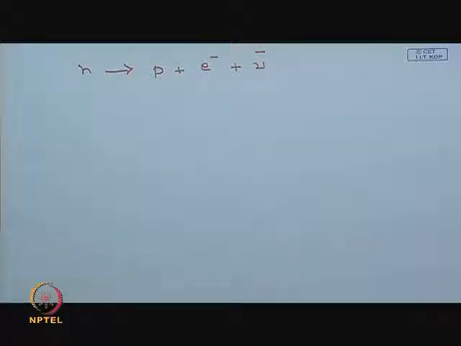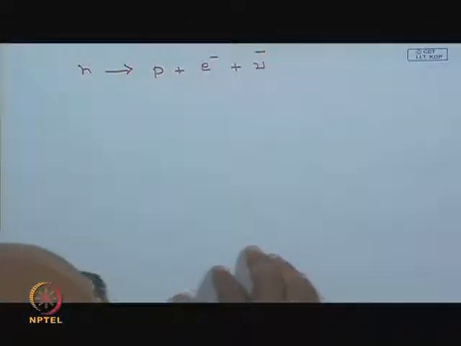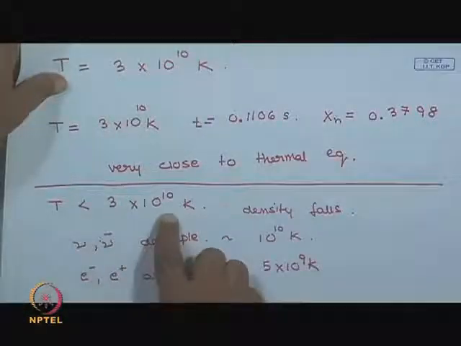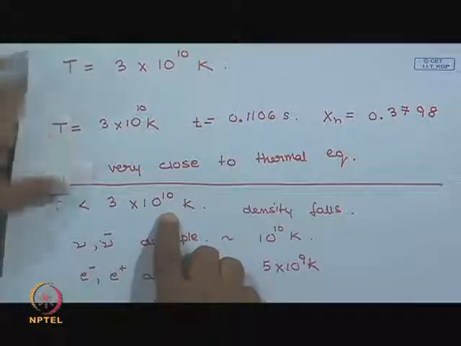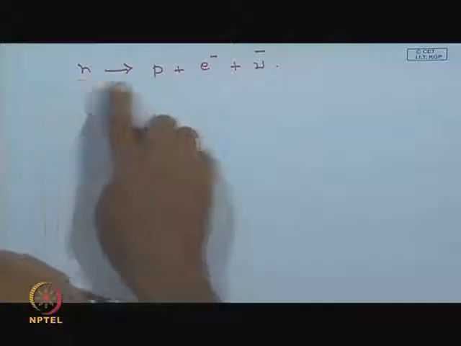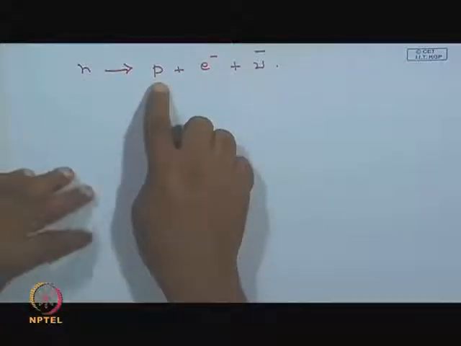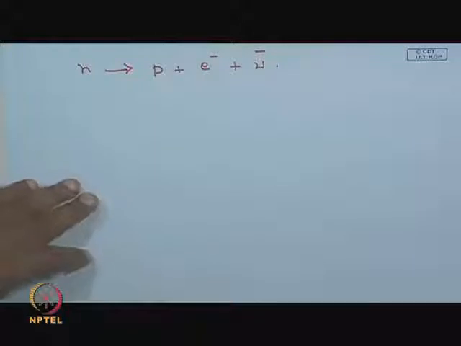Once you cross this 3 into 10 to the power 10 Kelvin, essentially the neutrons all decay and get converted into protons.